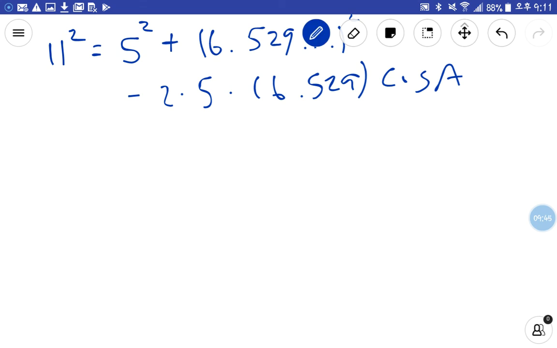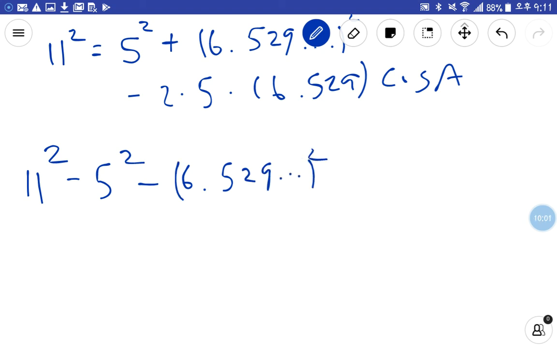So first, I have to move everything to one side. So 11 squared minus 5 squared minus 6.529 dot, dot, dot, squared, it's going to be my top part, right? That should be equivalent to what? Negative 2 times 5 times 6.529 dot, dot, dot, and then times cosine A.